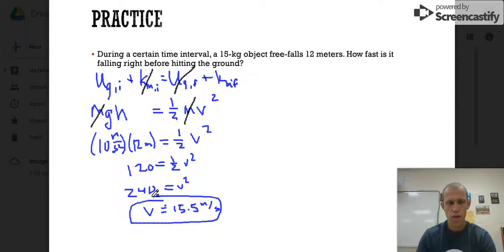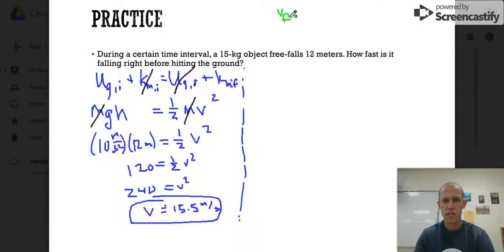Okay, so this is with energy. The blue was the energy way. Now let's do it with kinematics. We have a lot of different kinematics equations. We have the final velocity is equal to the initial velocity plus at.